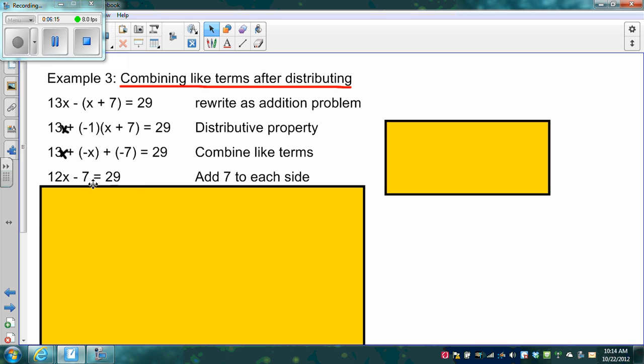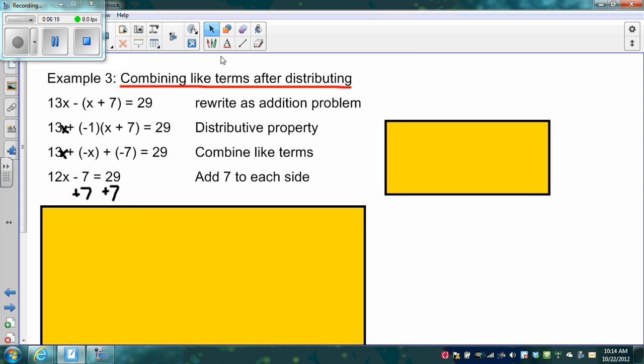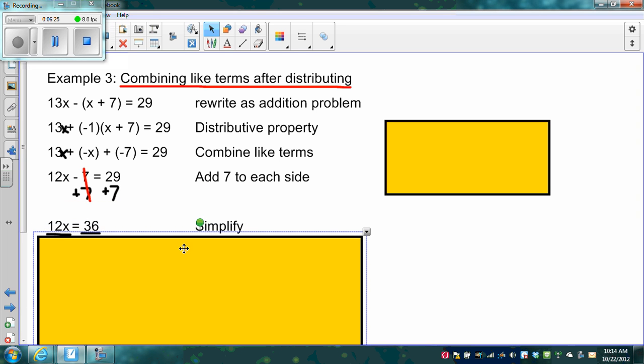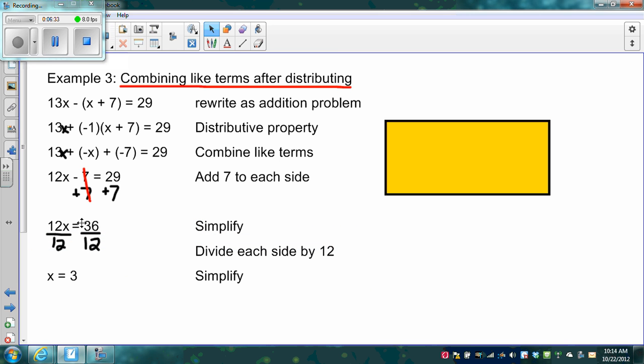We want to get rid of that minus 7, so we can add it to both sides to cancel it out, leaving us only with 12x equals 36. We can then divide both sides by 12 and get our answer, x equals 3. Again, go back to the original problem, plug the 3 in for x, and make sure that it's correct.